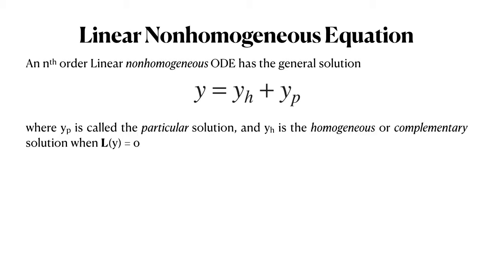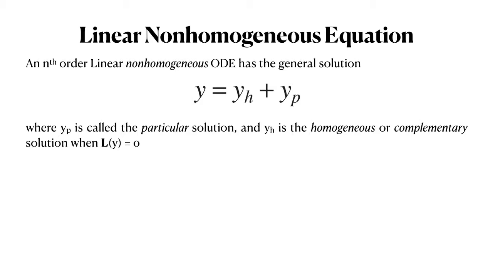So if we have a linear ODE, even if it is non-homogeneous, we first find the solution to the homogeneous linear ODE. And that solution would be our y of h.